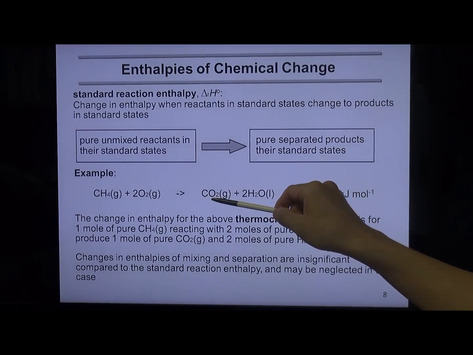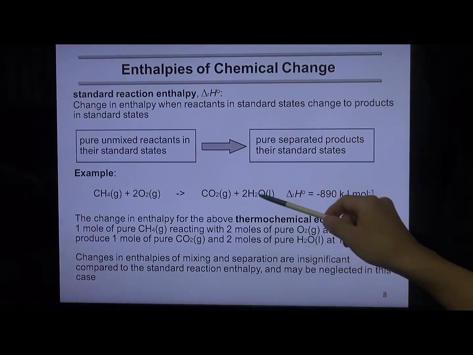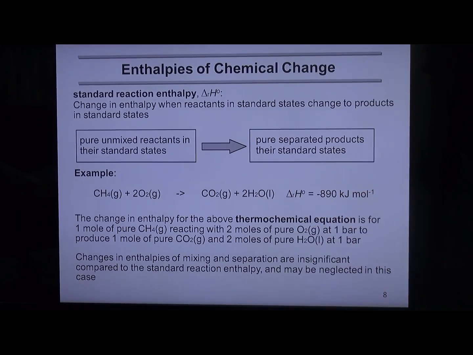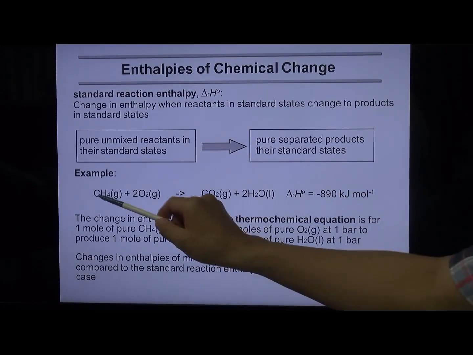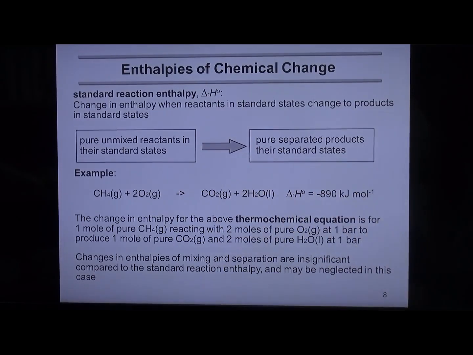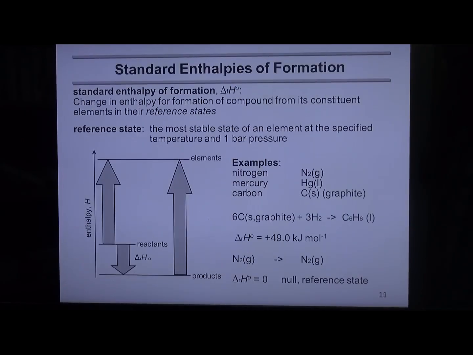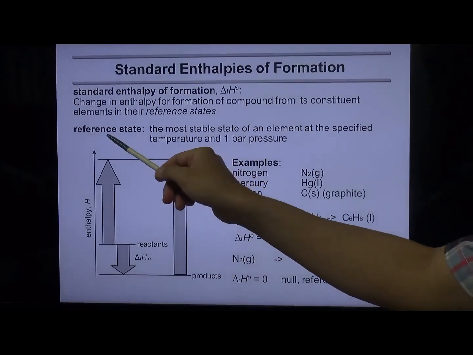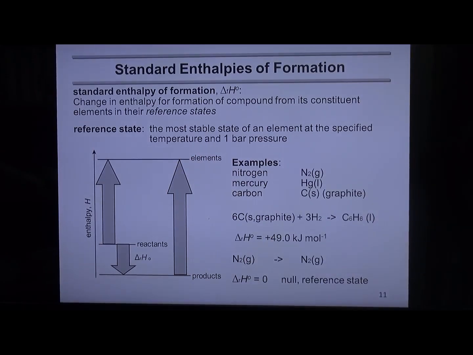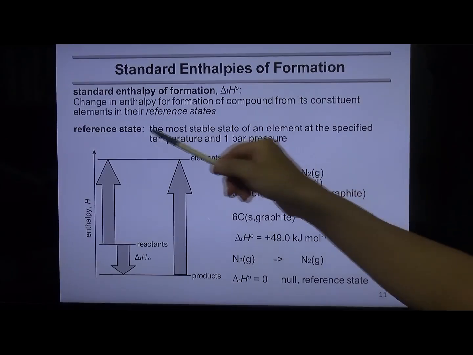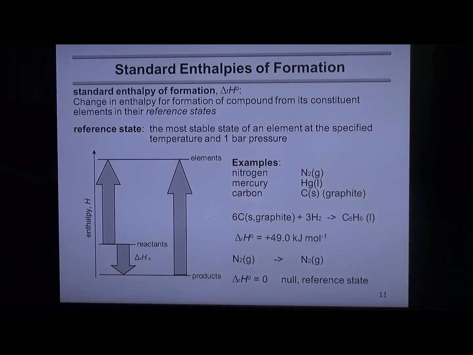CO2, carbon and oxygen, H2O, hydrogen and oxygen. So basically we make these compounds from their component atoms, and the important thing is that those components are in the reference state.